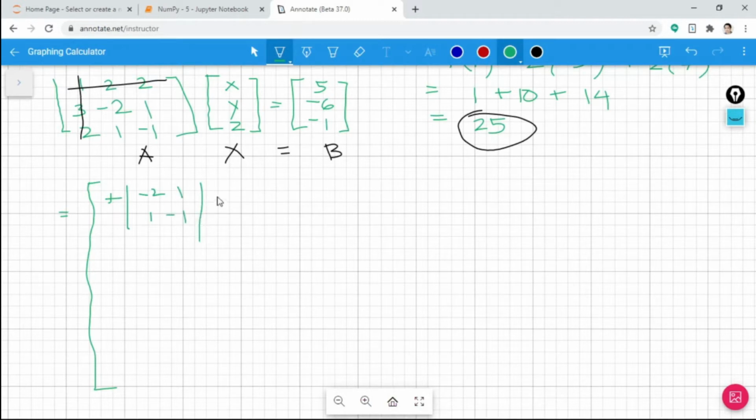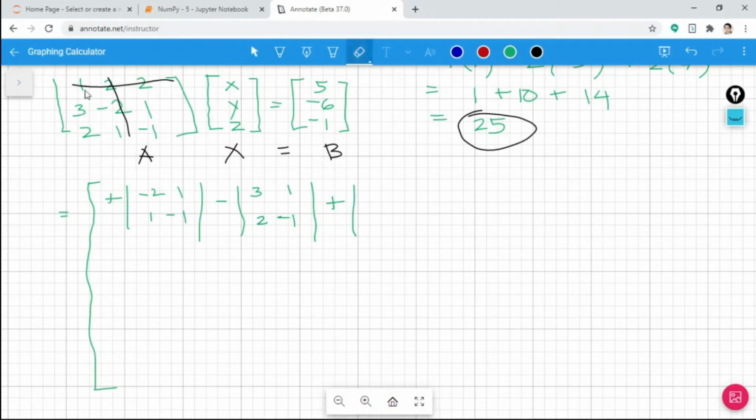Next you have a minus. I know you know the pattern already. If you do this one, minus 1, you have 3, you have 1, so you have 2 and negative 1. This is the method we will use. We will not use the cofactor and minors.